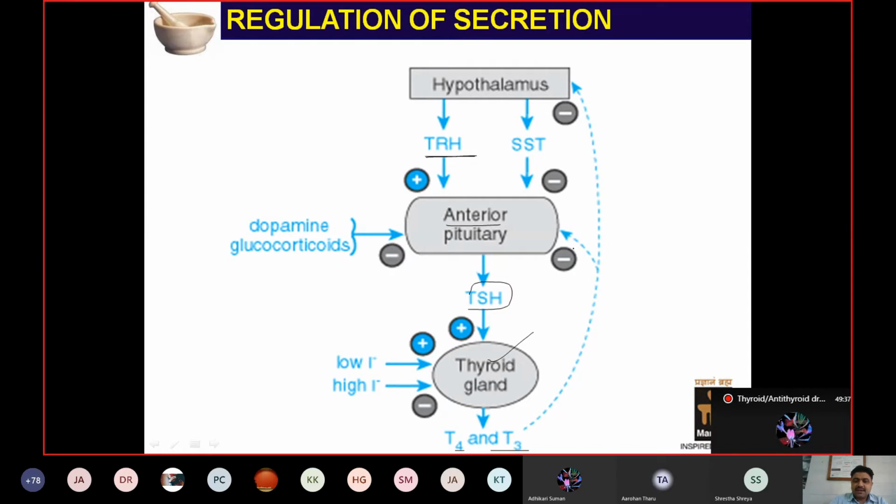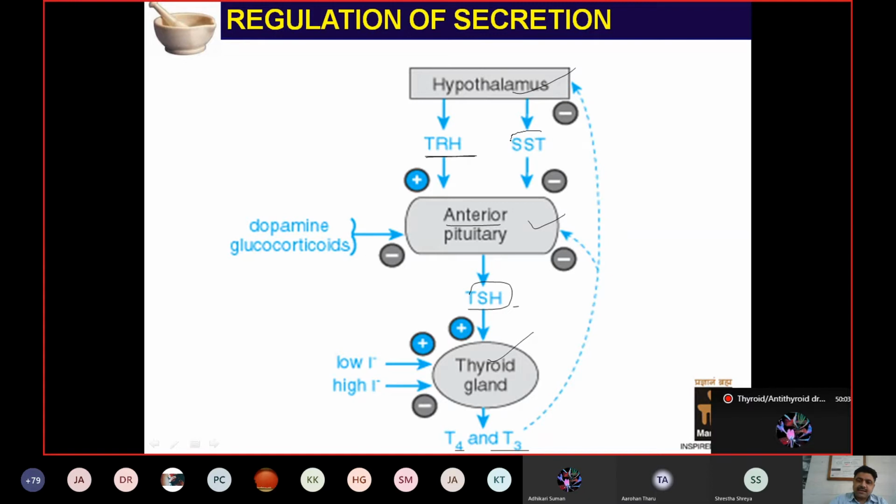This gives a negative feedback mechanism to the anterior pituitary gland and hypothalamus, which leads to a decrease in TSH. There is decreased stimulation of the thyroid gland, and T4, T3 release will be checked.